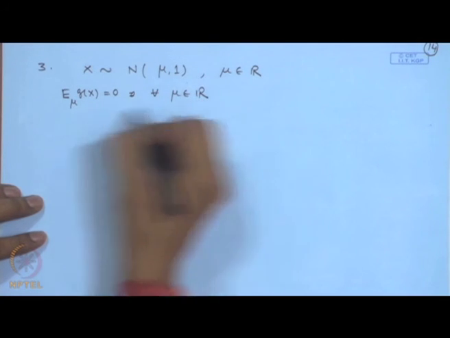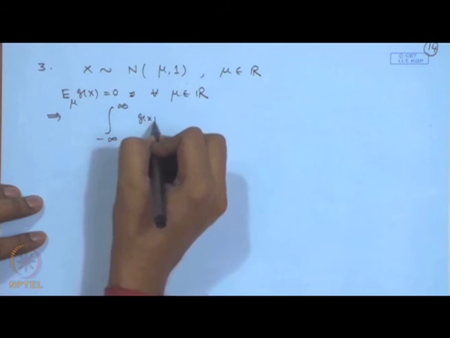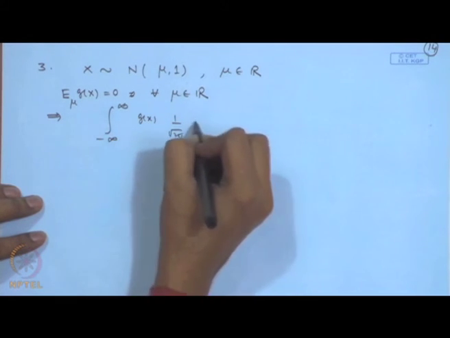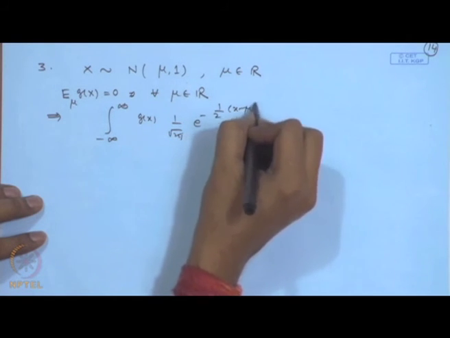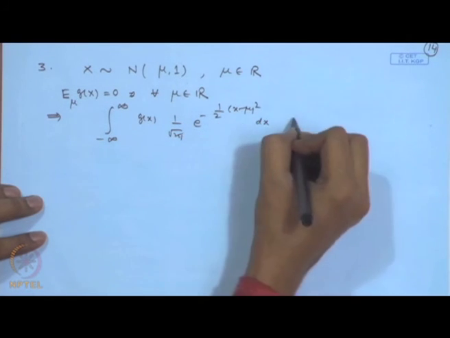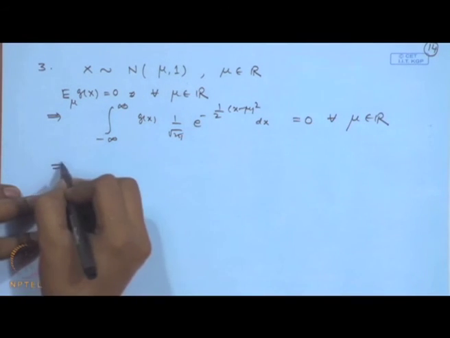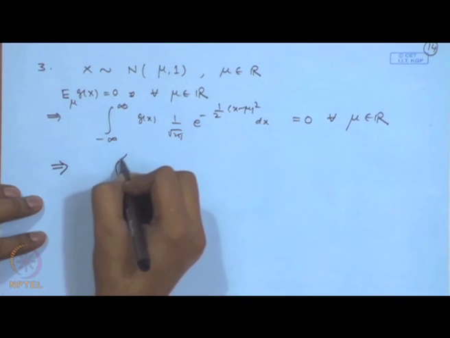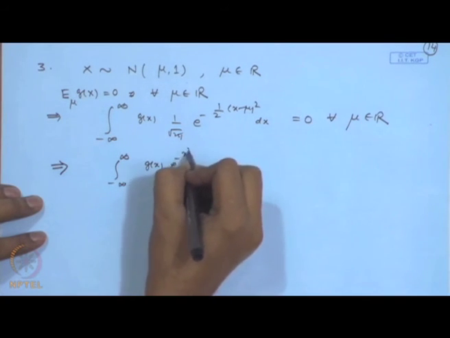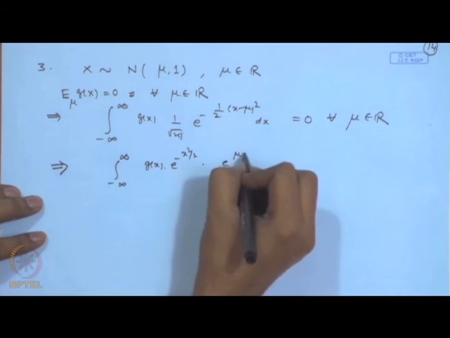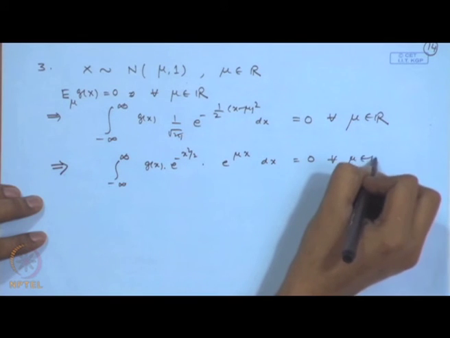Now, this is equivalent to saying the integral of g(x) (1 / root 2 pi) e^(-(x - mu)^2 / 2) dx equals 0. This we may write as the integral of g(x) e^(-x^2 / 2) e^(mu x) dx equal to 0 for all mu belonging to R.